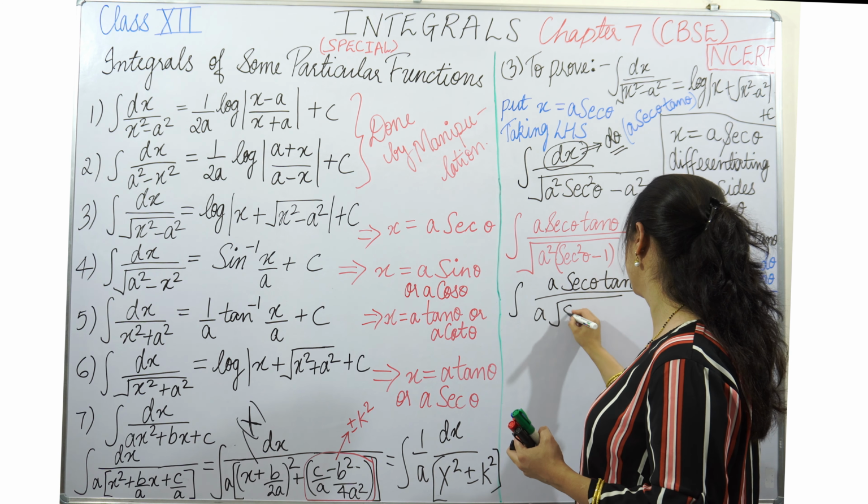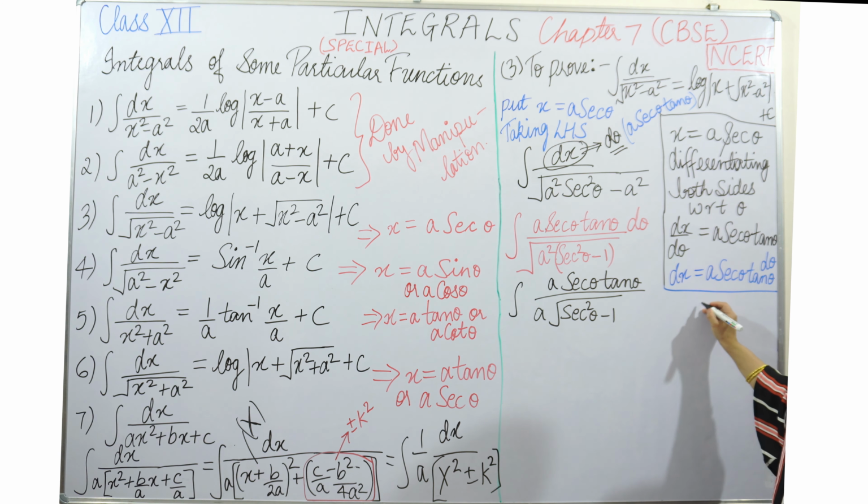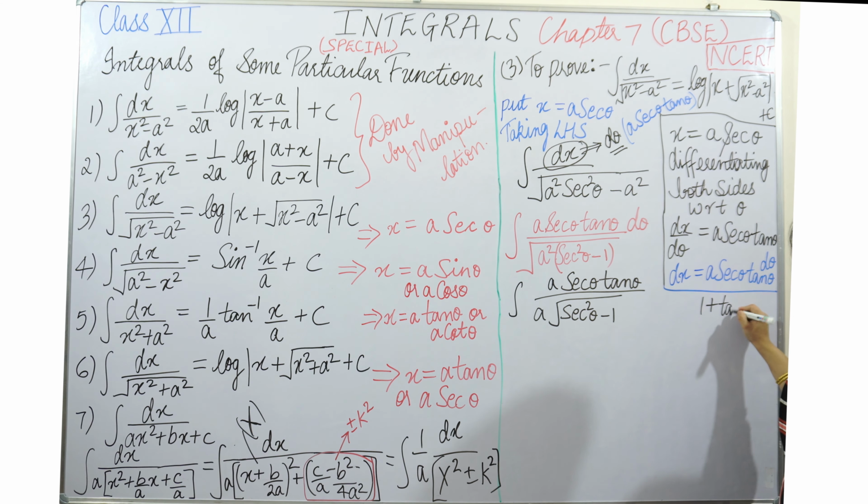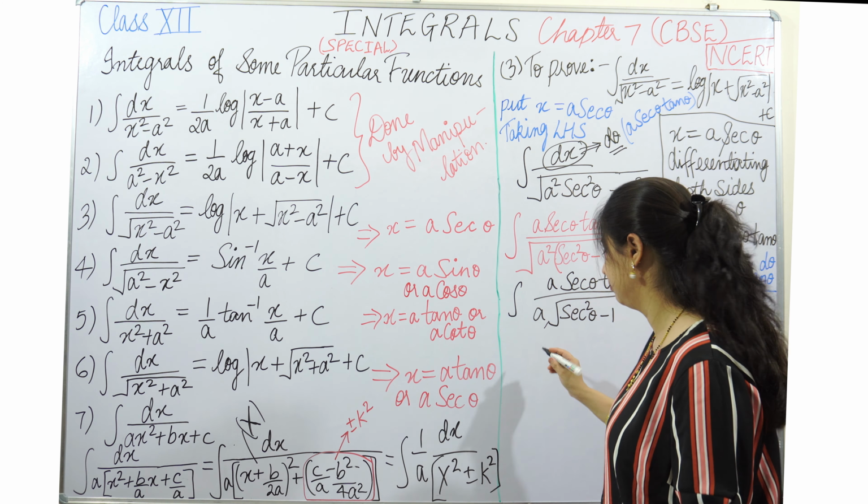Sec square theta minus 1 is tan square theta, with the property 1 plus tan square x is equal to sec square x. So when we apply this property, sec square x minus 1 will be tan square x. It is in the square root, so when tan square comes out from the square root, it will be tan theta.